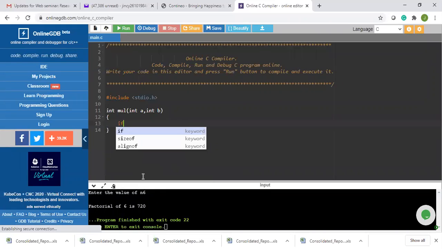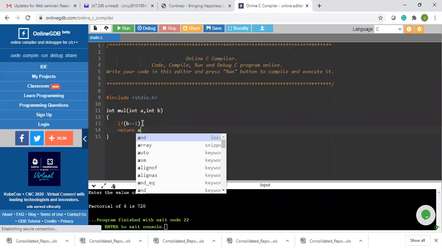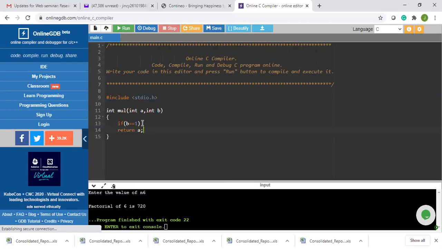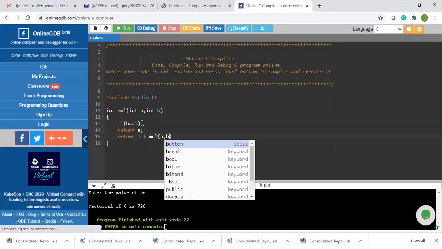We check the condition: if b, the second argument, is equal to 1, then return a. Or else, return a plus my function mul a, b minus 1.